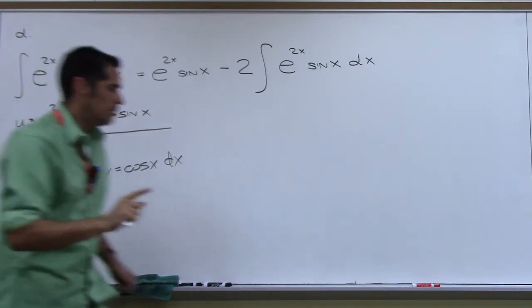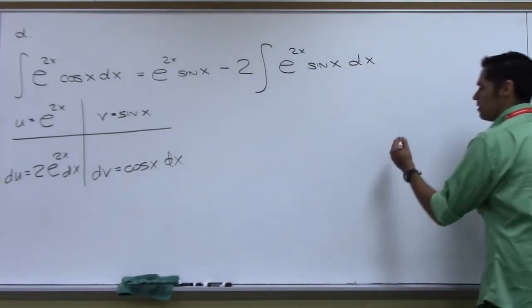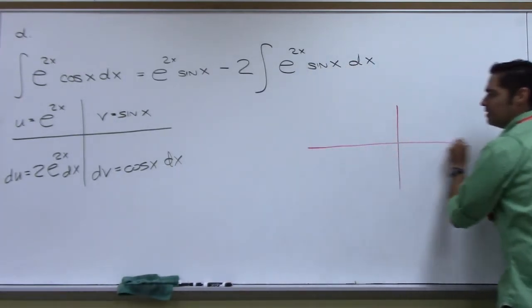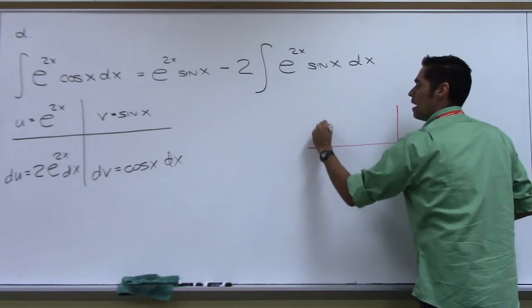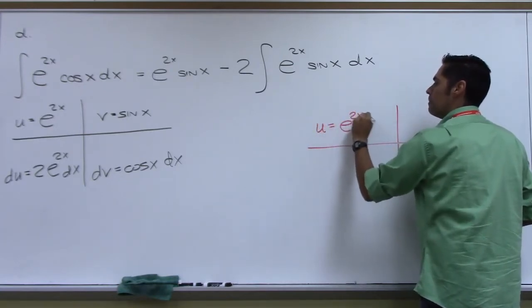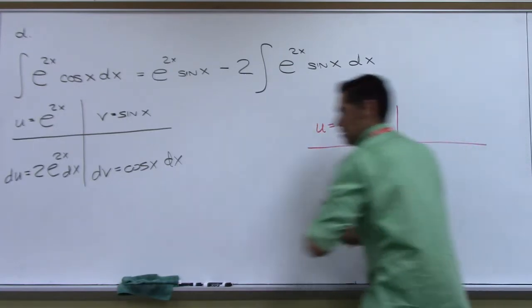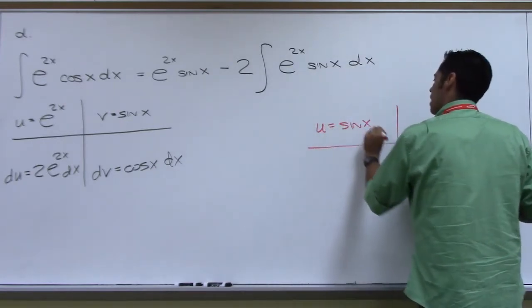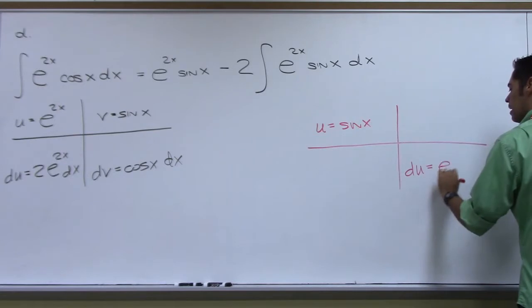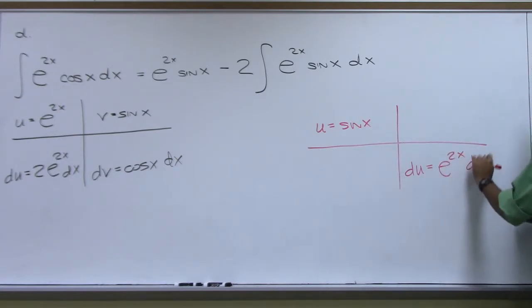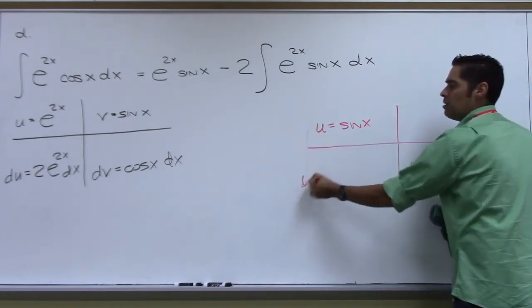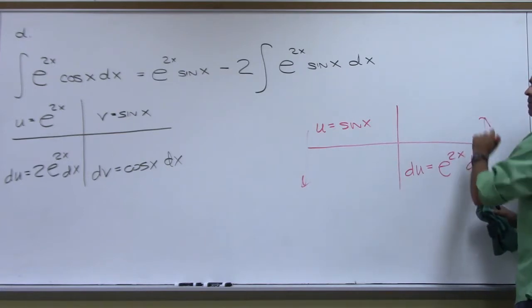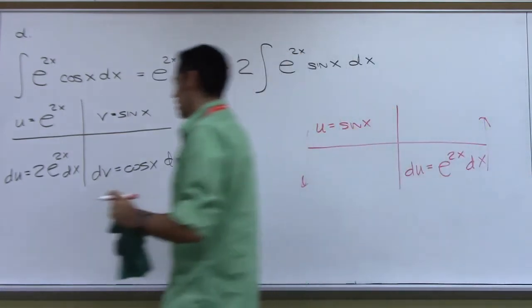So I'm going to write this table down in red, but this time the red means danger. If I let u be the sine x, and this one be e to the 2x, then you're going to differentiate down and integrate back up. But isn't that exactly what you did here backwards?